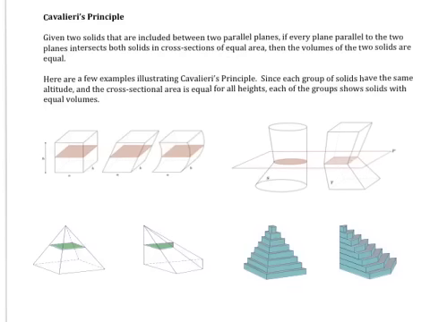So the criteria is this: you need to have parallel bases, same height, and then same cross-sectional area. Those are the three things. If those three things are true, then the two objects have to have the same volume.